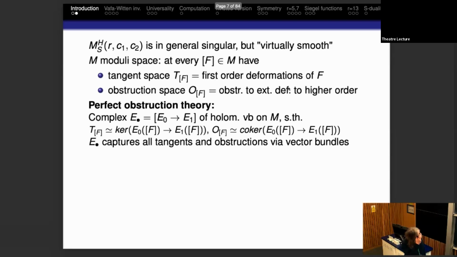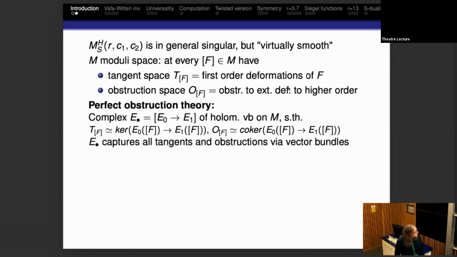In fact, what this means is, if we have a moduli space, then at every point in the moduli space, we have a tangent space, which is the space of first order deformations of the objects that are parameterized by the moduli space. And we have an obstruction space, which is the space in which the obstructions to extending deformations to higher order live.